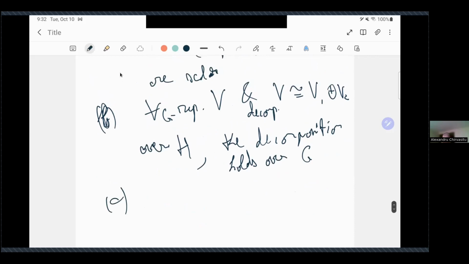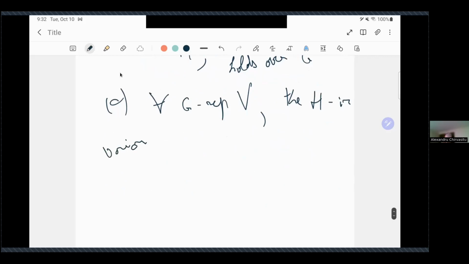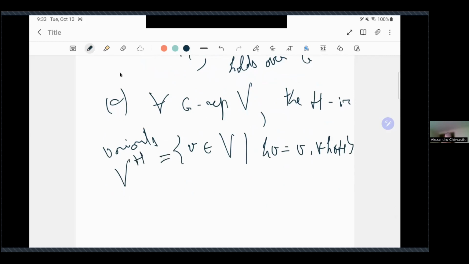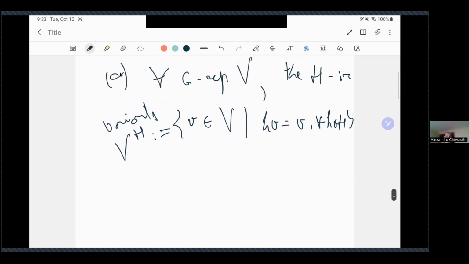C, it's also representation theoretic. For every G representation V, the H invariants, the vectors v in V such that hv equals v for every h in H, and we write V^H for that, and this is what it is by definition, the H invariants are in fact already G invariants.